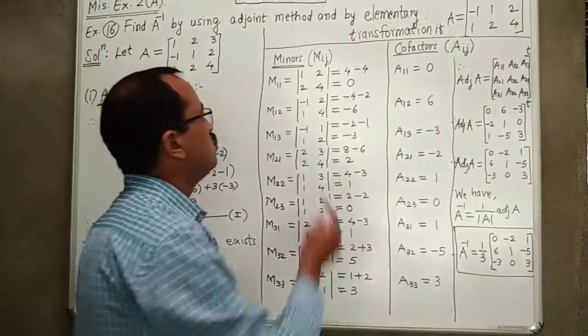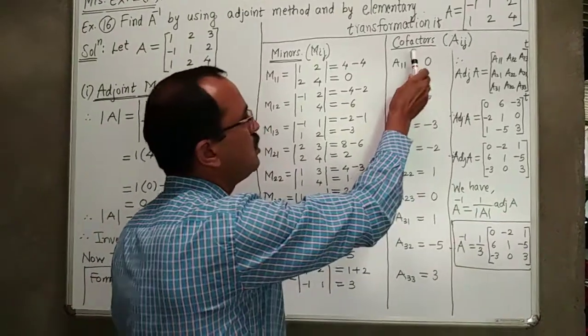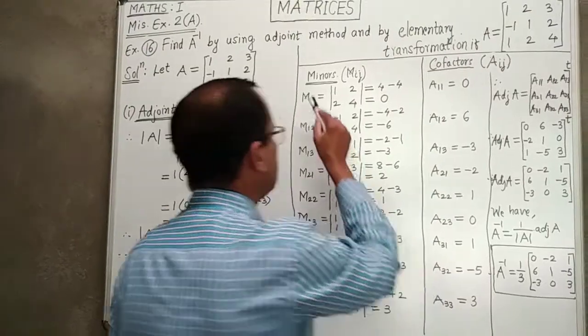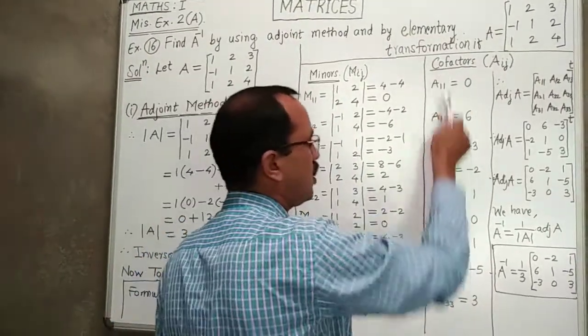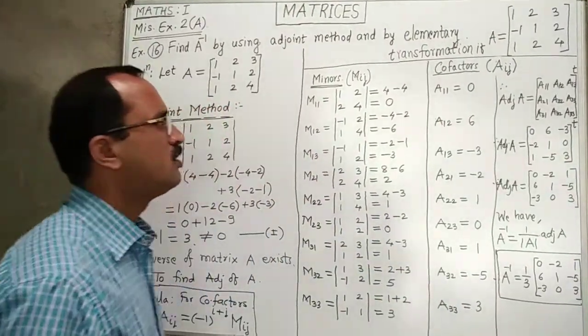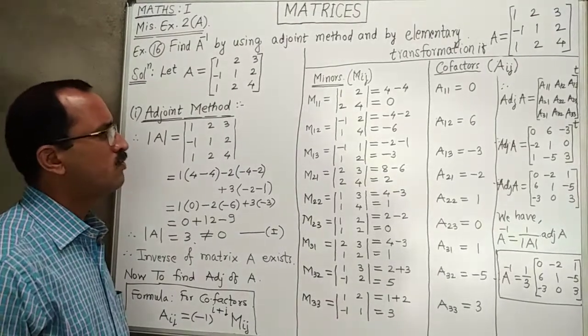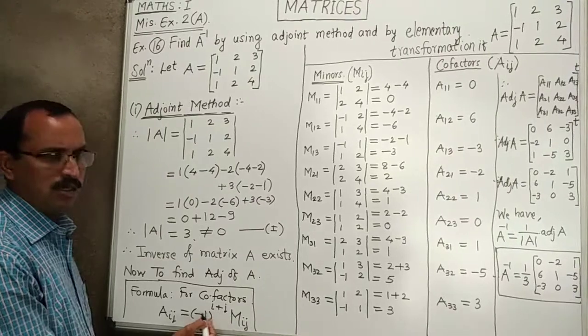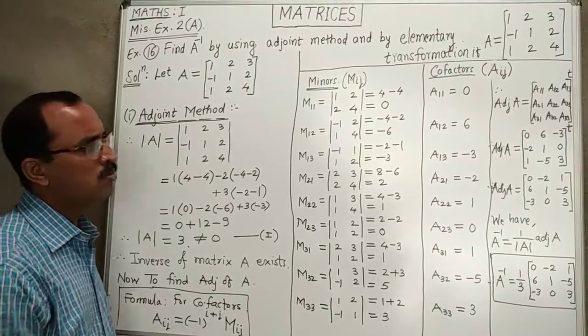So using minus we find cofactors directly. There are 9 minors, so we have 9 cofactors. To find cofactors, we change the sign of those minors whose sum i plus j is an odd number.